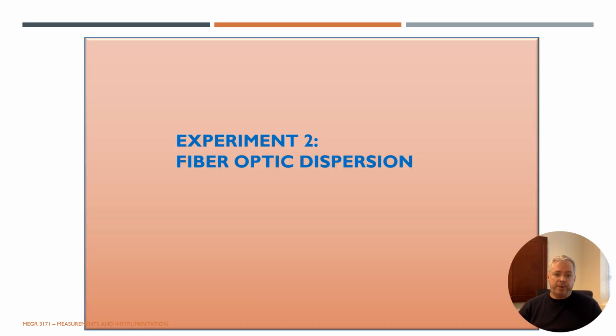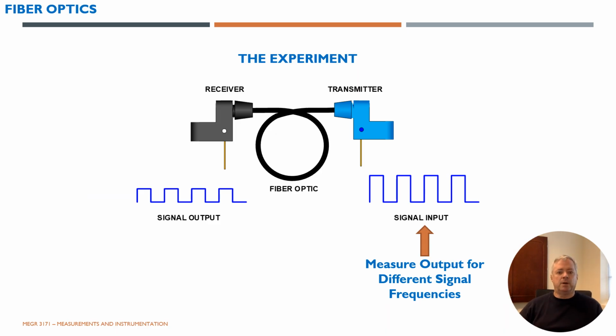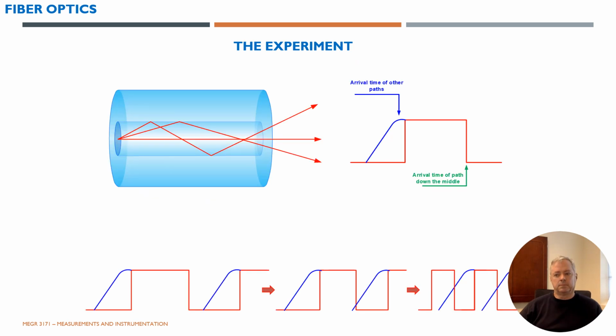Then you're going to do another experiment around dispersion. We talked about that last class. We talked about attenuation, and now we're going to talk about dispersion. We're going to measure the output signal for different signal frequencies. What we're looking at in this experiment is the light bouncing down the fiber, surrounded by this cladding material.